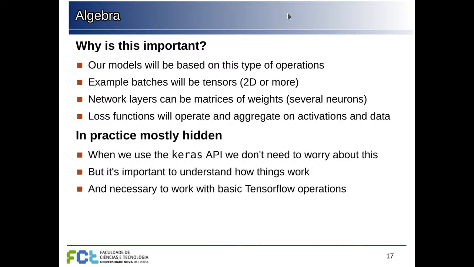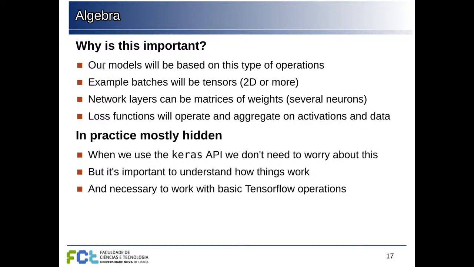However, it's important to understand how this works, not only if you need to look at this lower level, but also because even when working with Keras, you need to make sure that the shapes of your tensors fit together appropriately. So you need to understand what kinds of operations are being done to be able to think about it and to design the architectures of your networks without making mistakes.